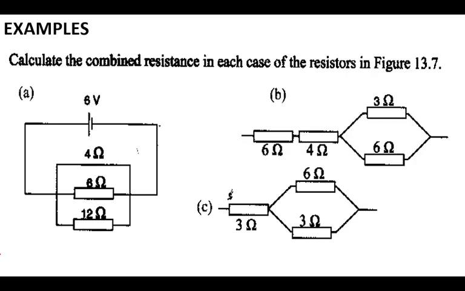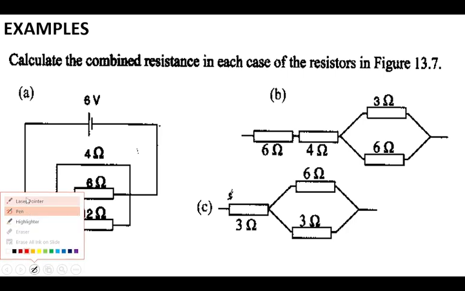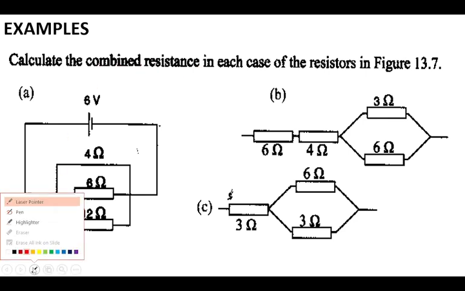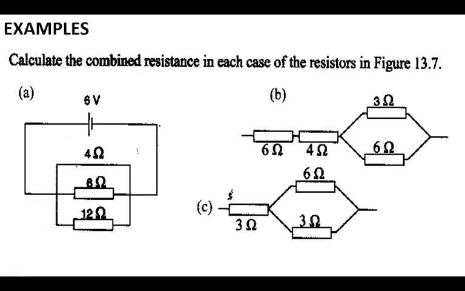All right, let's appreciate 3 more examples here. Let's look at what we are given. We are asked to calculate the combined resistance. Remember, combined resistance means sum. You just have to add the resistors up, and it will give you combined resistance. In some cases, instead of saying combined resistance, they will tell you to find or calculate the total resistance.